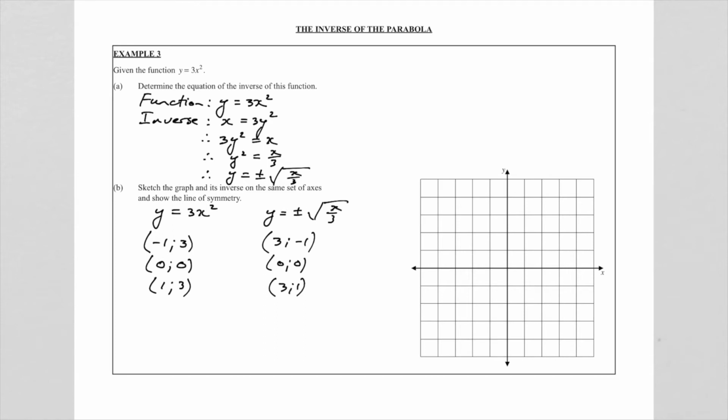We're going to plot these points now on the grid. I'm going to start with the parabola. At x equals minus 1, y is 3, that is 1, 2, 3. At (-1, 3) there's a point on the parabola. At (0, 0), we find a point.